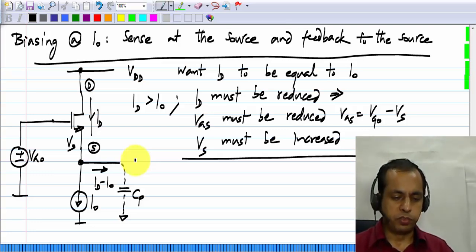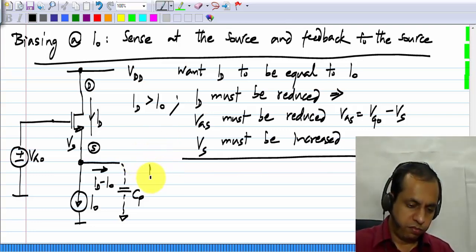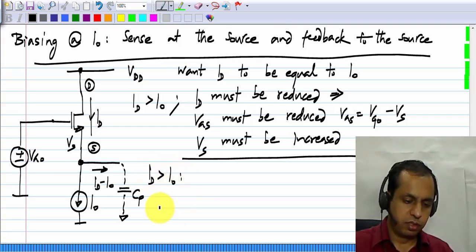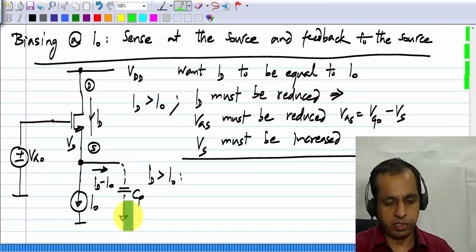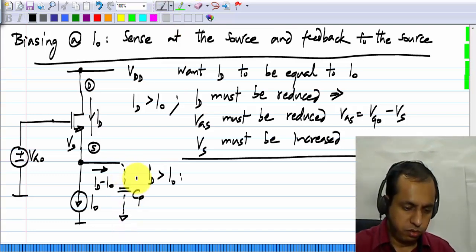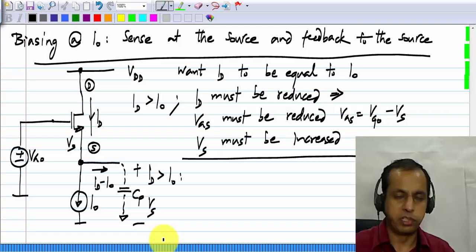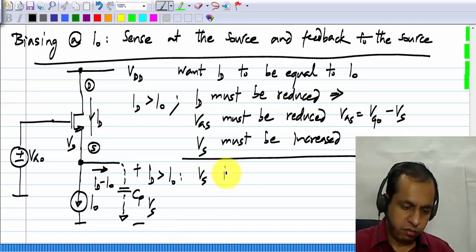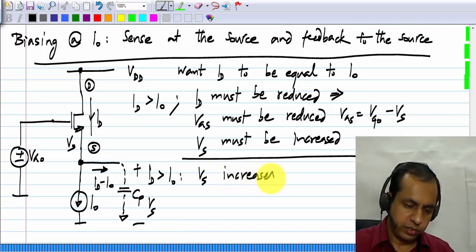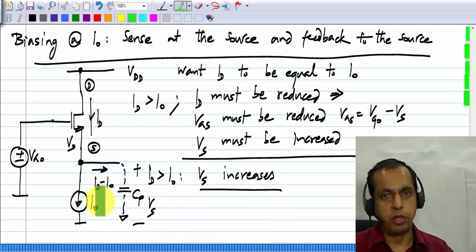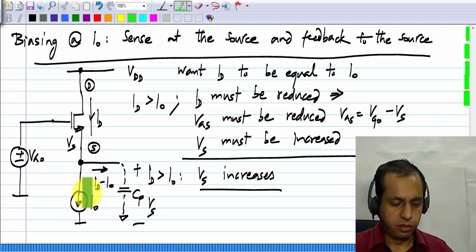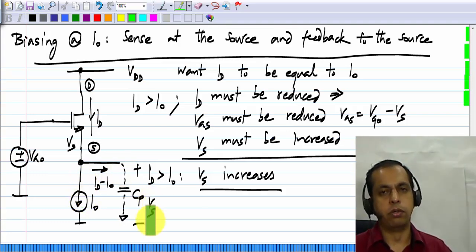Now what happens because of this connection? If ID is more than I0, that means that a current is being pumped into the capacitor like that. So Vs, which is the voltage across the capacitor in that polarity, increases. Similarly, if ID is smaller than I0, then a current will be pulled out of the parasitic capacitor and the voltage starts falling down.